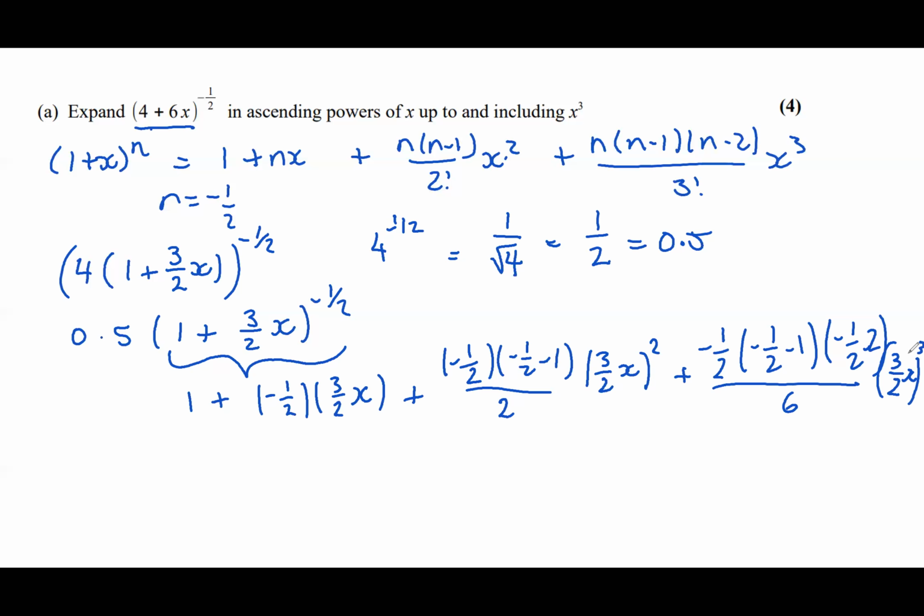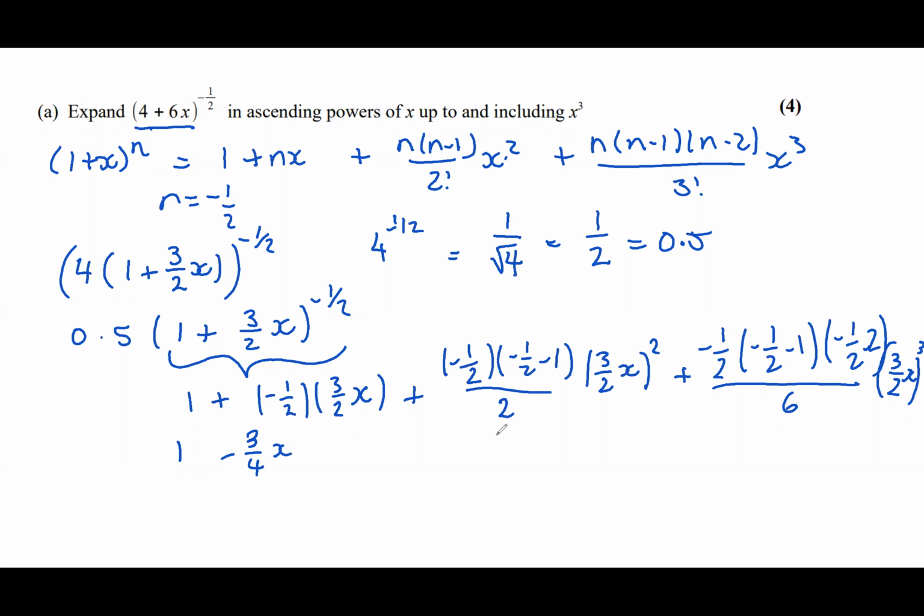So we can multiply this out, and when we get that, we get 1 plus minus a half times 3/2 x, which is minus 3/4 x. So we can just get rid of that plus. And then minus a half times minus a half minus 1 times (3/2 x)².